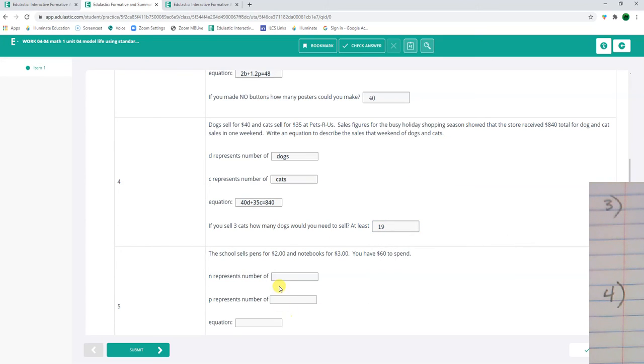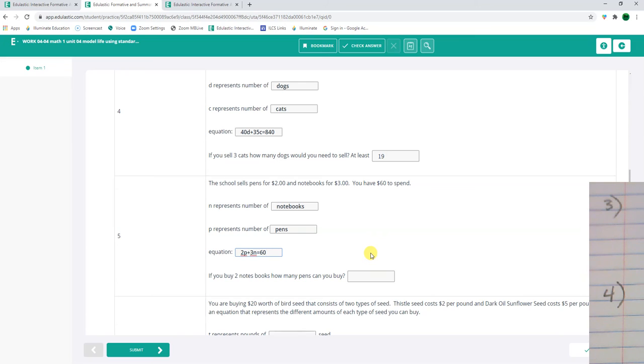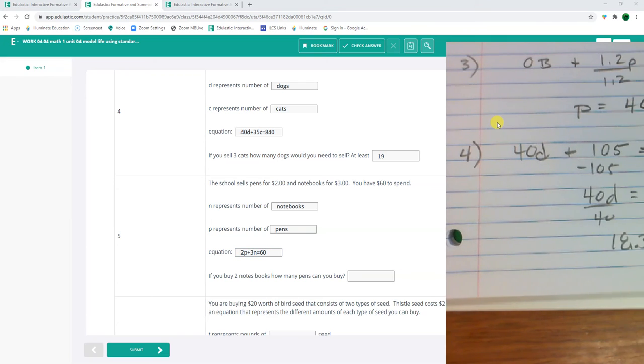P represents number of pens, N represents number of notebooks, equations, 2P plus 3N equals 60. If you buy 2 notebooks, how many pens can you buy?